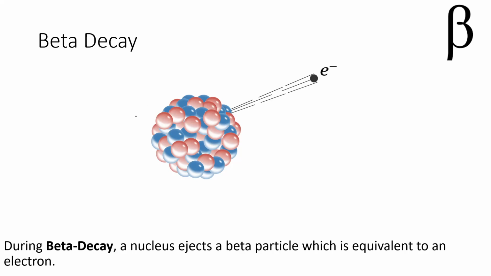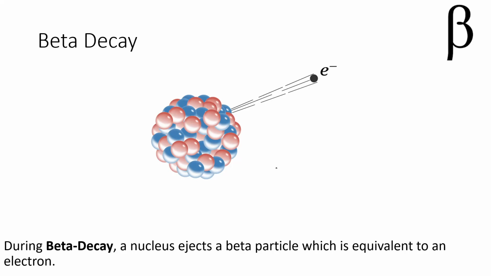If something loses an electron, what is going to happen to it? It's going to become some form of ion, okay? So if we had lithium and it lost an electron, it would become lithium plus. So that's beta decay. Beta decay is stronger than alpha decay, and we'll go through why soon. But that's basically it for beta decay.